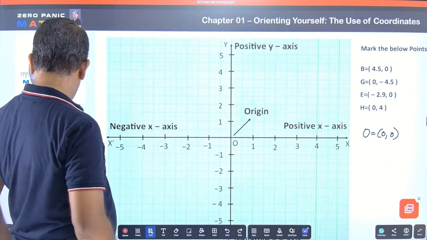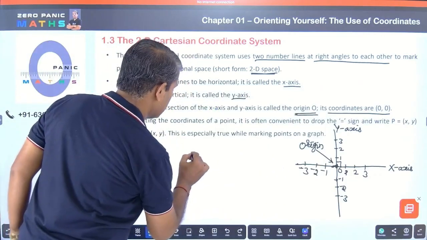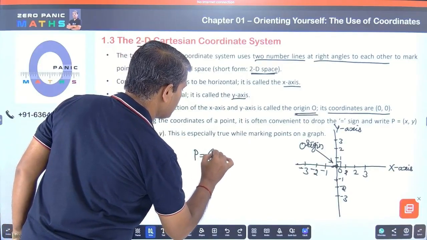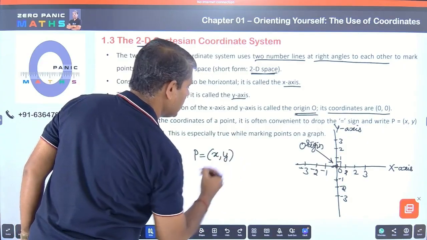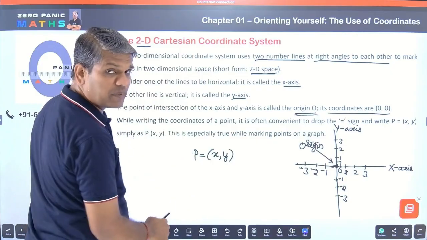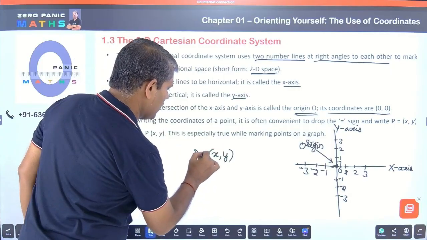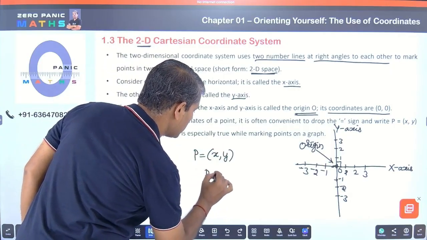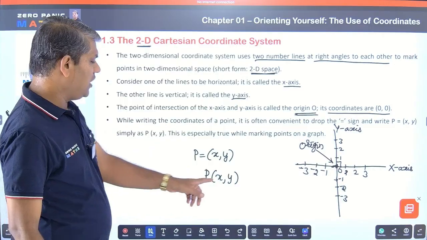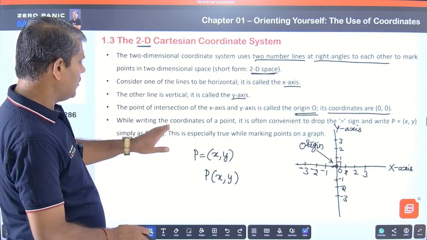Suppose there is a point P, and you are representing the coordinates as x, y. Then it is often not needed to write the equal to sign. You can just drop it for convenience and write the point directly as P(x, y). That also represents the point only. That is the meaning of this last point.